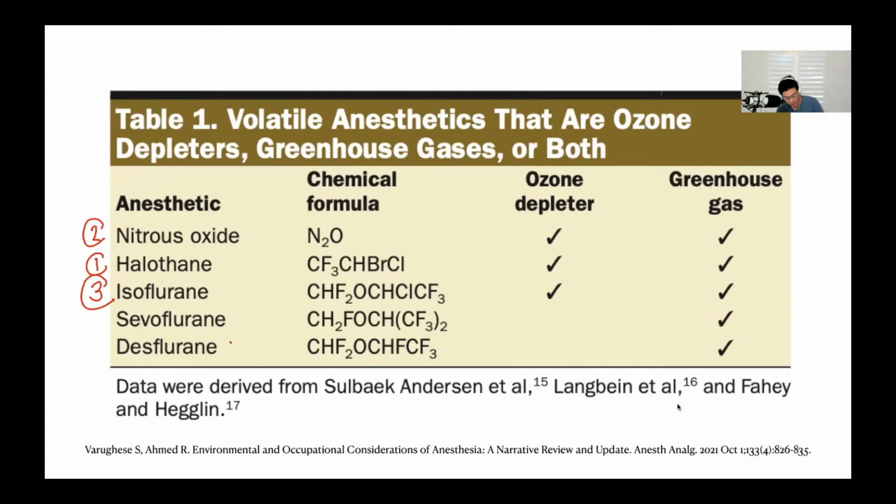So Des is 1, the second one is going to be Iso, the third one is going to be Sevo, and the fourth one is going to be nitrous. But the way that we're going to build on that concept is the idea of carbon dioxide equivalents, which is a function of both the percentage dialed up as well as the fresh gas flow. And when you do that, you'll find that nitrous actually becomes a lot more of a pollutant.